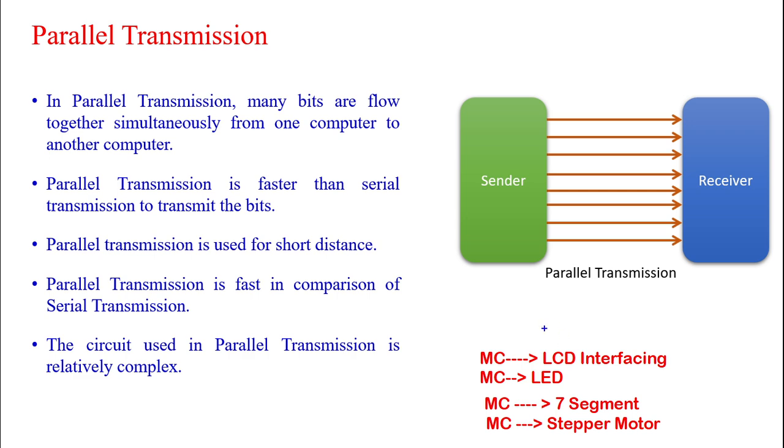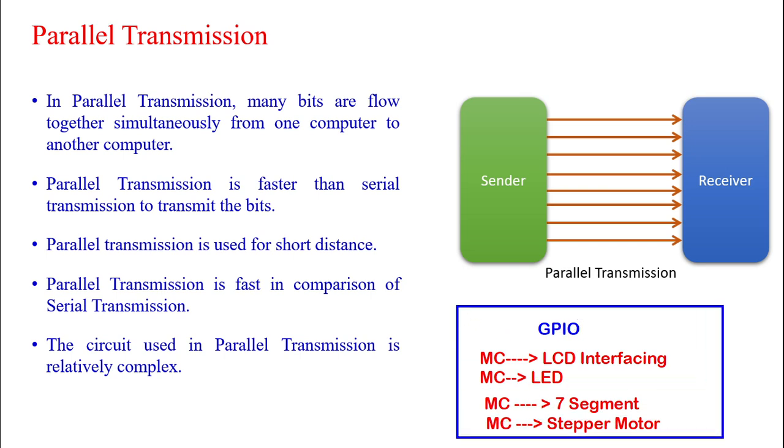Almost all GPIO configurations use parallel communication. Whenever we are using GPIO interfacing, definitely we will go for parallel communication. We don't go for serial communication. We use parallel communication for almost all GPIO communication. It includes LCD interfacing, LED interfacing, 7-segment, stepper motor, and so on. Okay, so in these examples we can see parallel communication.